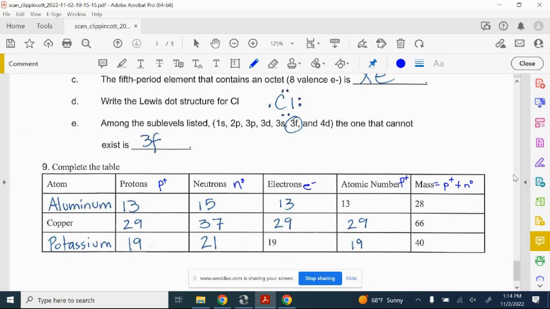Okay. Remember, we did talk about ions. We talked about a cation. And with a cation, you had more positives than you had negatives. With an anion, you had more negatives than you had positives. Oops. I screwed that up. Hold on. Don't write that down.